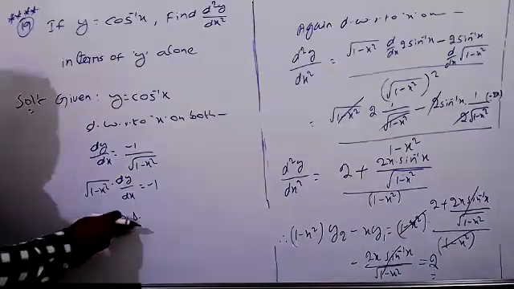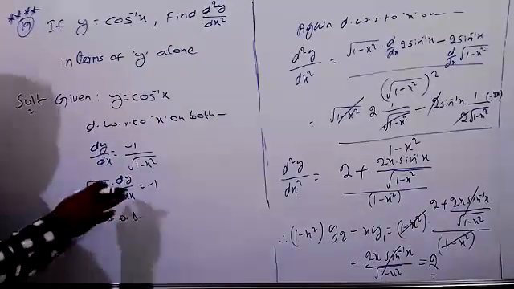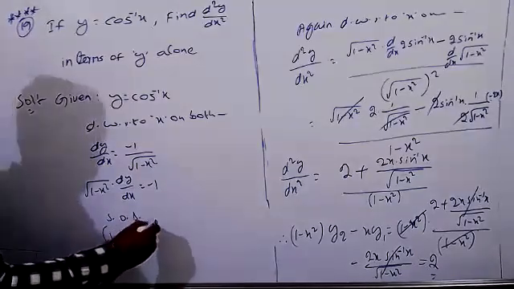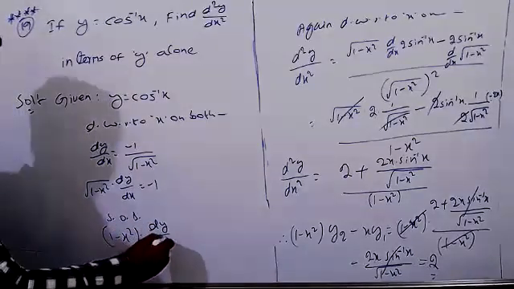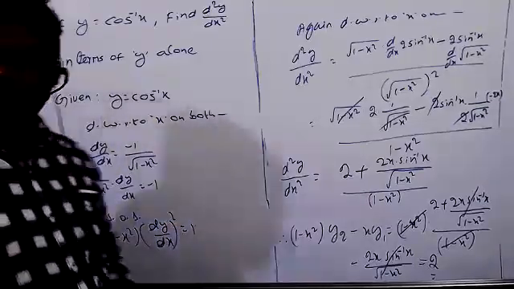See, when you're squaring on both sides, what happens now? Root and whole square will be cancelled. So this is 1 minus x square into dy by dx whole square equal to minus 1 whole square equal to plus 1.